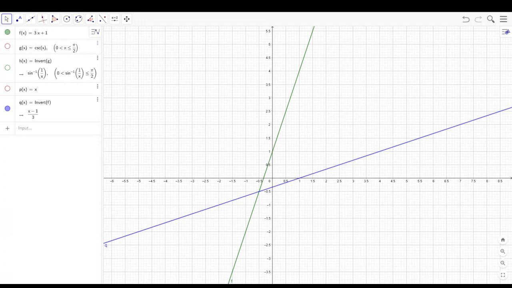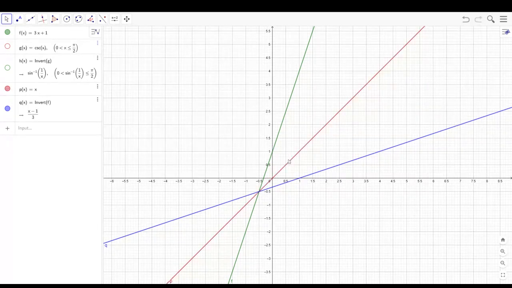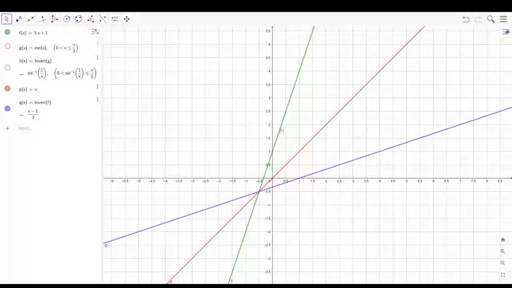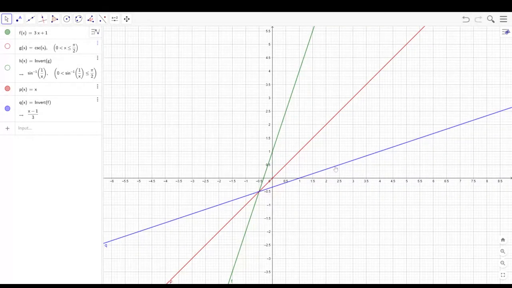GeoGebra is not great at finding inverse functions, but it can do it sometimes. And what you'll see is if we put in the line y equals x, then there's this nice reflection between the green function, which is the original function, and the blue function, which is the inverse. Okay, and that holds true for the graphs of all functions and their inverses.